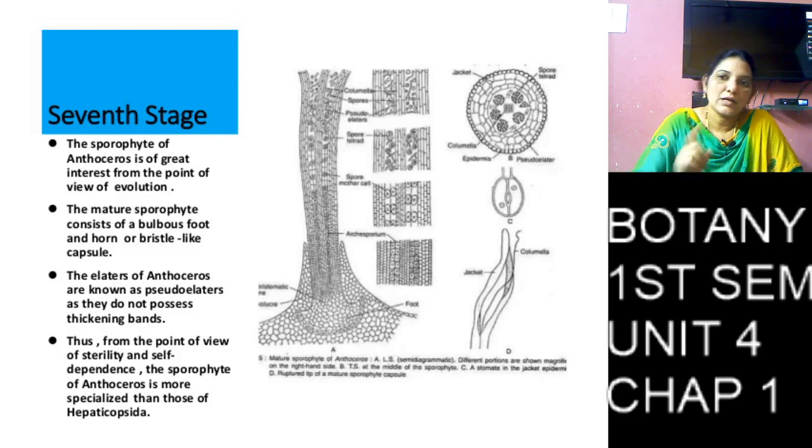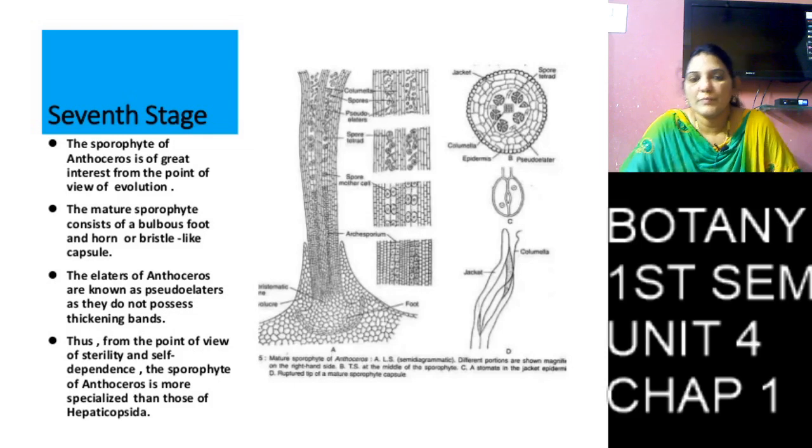Here the columella is present, with 16 vertical rows in the middle. The part made up of parenchyma tissue is called the columella.